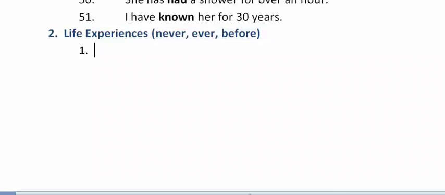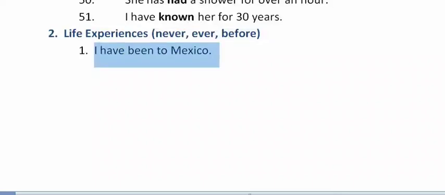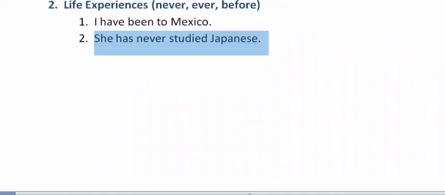Let's check it out. I have been to Mexico. You might be thinking, which action was started in the past, was completed in the past, and has been carrying along till the present time? If you consider this sentence, it is the experience of being in Mexico. Let's check out some other examples. She has never studied Japanese.